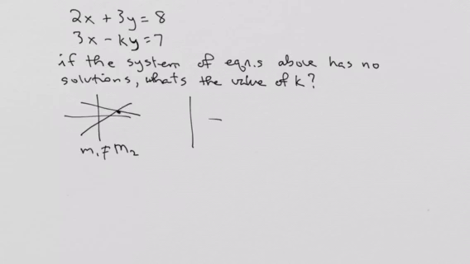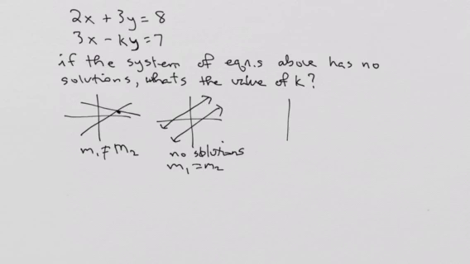We have another possibility, which is that the lines are parallel. There's no point of intersection. There are no solutions. And that happens because the slopes are the same.